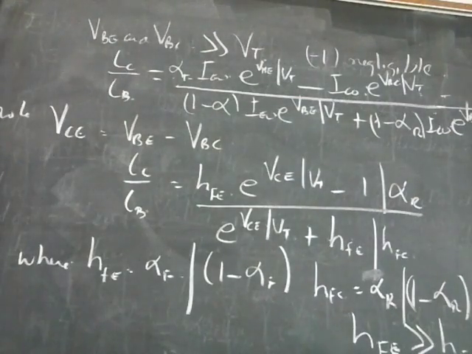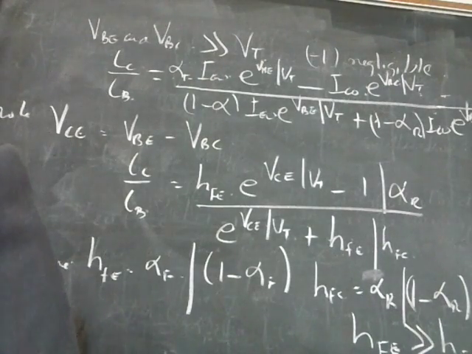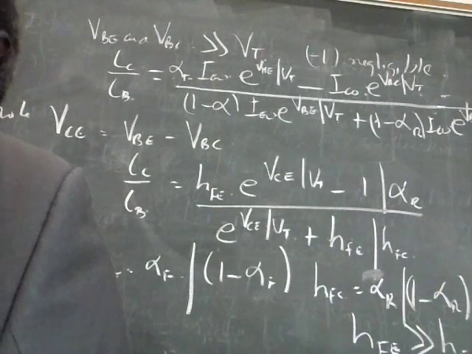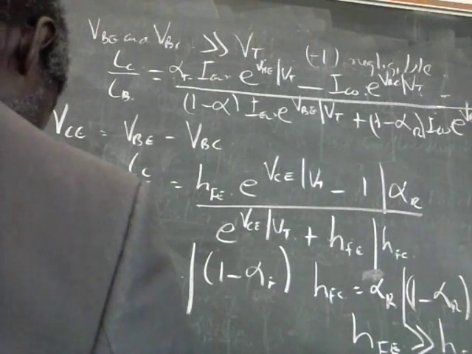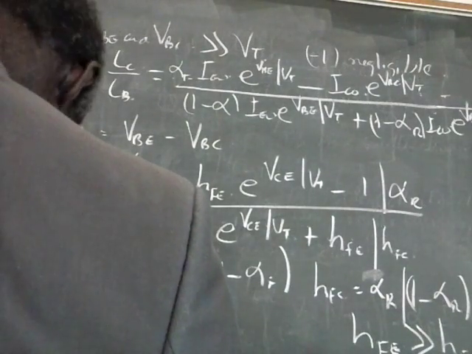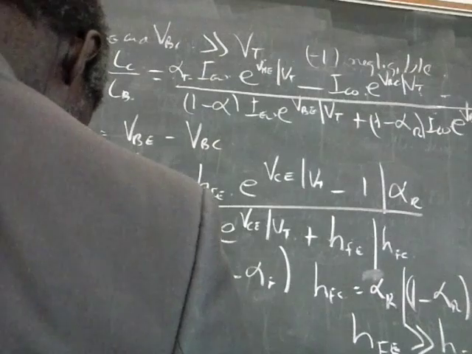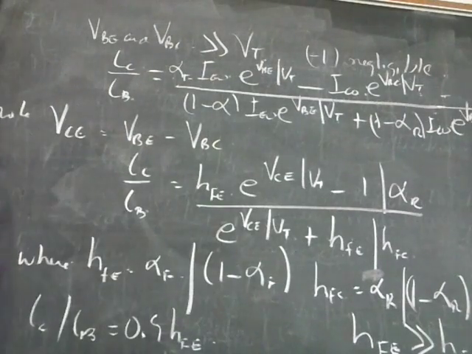Now we define the edge of saturation point where IC over IB equals 0.9 HFE. Call that the edge of saturation point.